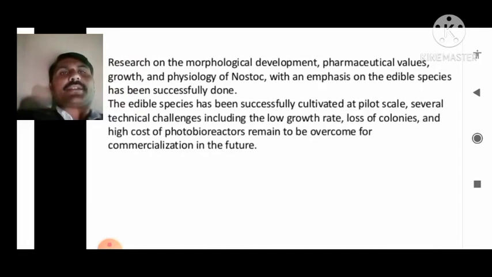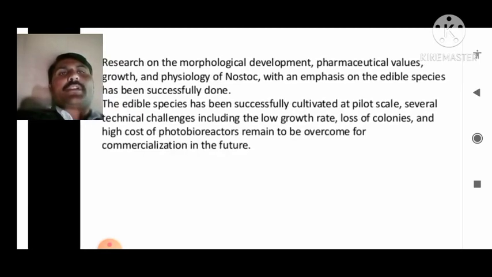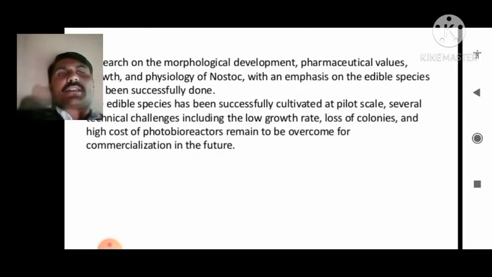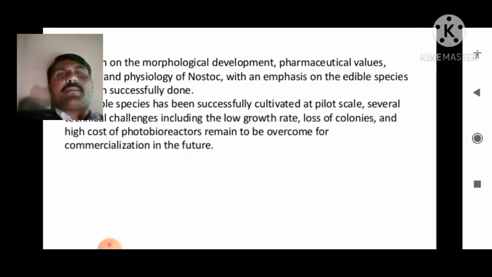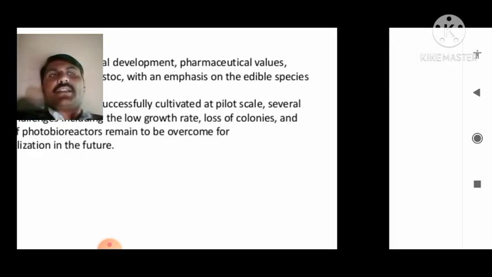So, friends, edible species have been successfully cultivated at pilot scale. Several challenges, including the low growth rate, loss of colonies, and high cost of photobioreactors, remain to be overcome for commercialization in the future.